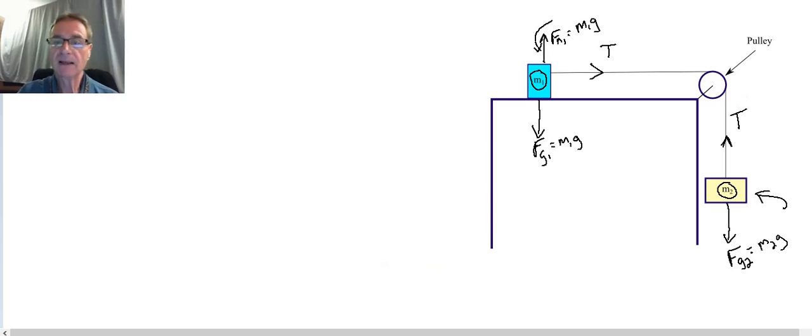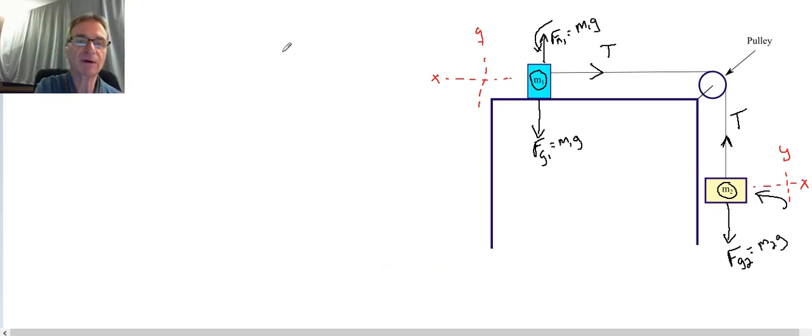Now, the coordinate system that we're going to use for this block is going to be x and y like this, and the coordinate system for this block is also going to be x and y. The forces that are of interest to us for block M1 are the x forces. The y forces essentially cancel each other out.